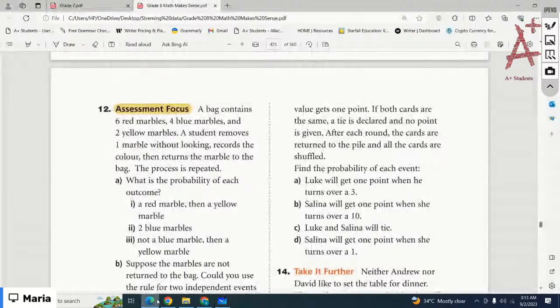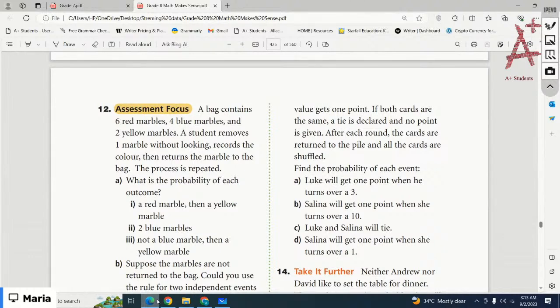Selena will get 1 point when she turns over a 10. If Selena gets a point when she turns over a 10, that means Luke must turn over any number less than 10, which is 9 outcomes.